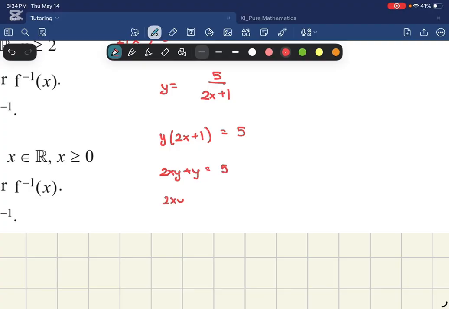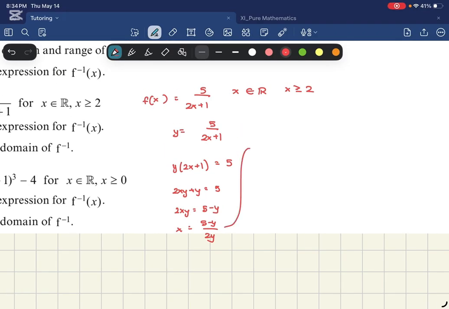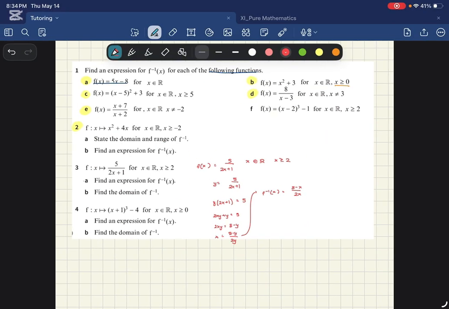And 2xy is 5 minus y. So x is just going to be 5 minus y divided by 2y. If I divide by 2y on both sides, I get this expression, and this gives me that f inverse of x is equal to 5 minus x over 2x. All right, so we have found an expression.